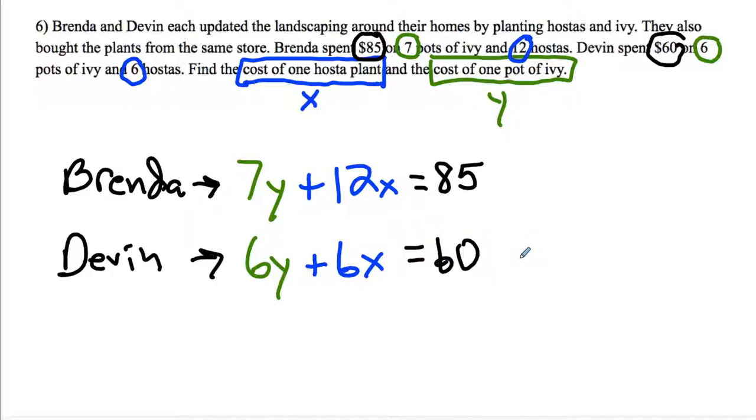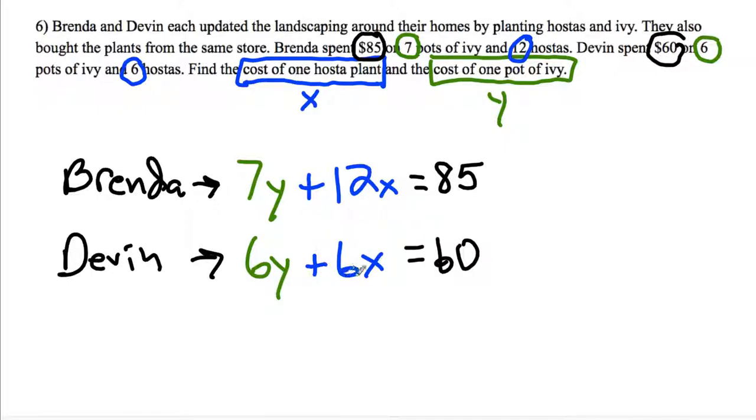So what I've done is I've created a system that I can solve. I have 2 equations and 2 variables, so I can figure them out. This one looks pretty well set up for elimination. However, I'm going to have to change one of the equations because I don't have opposite coefficients yet. This one's close, though.